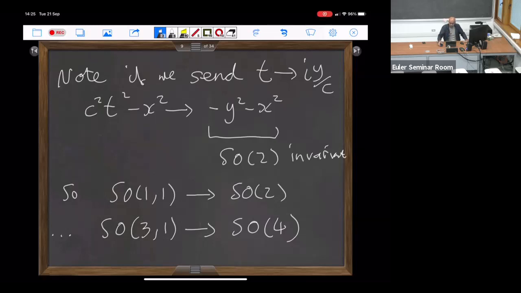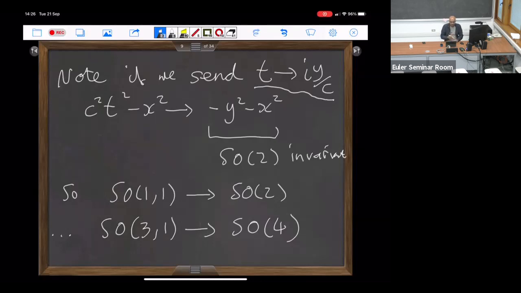Then under this analytic continuation to imaginary time, we get minus y squared minus x squared. So minus y squared minus x squared is SO(2) invariant.